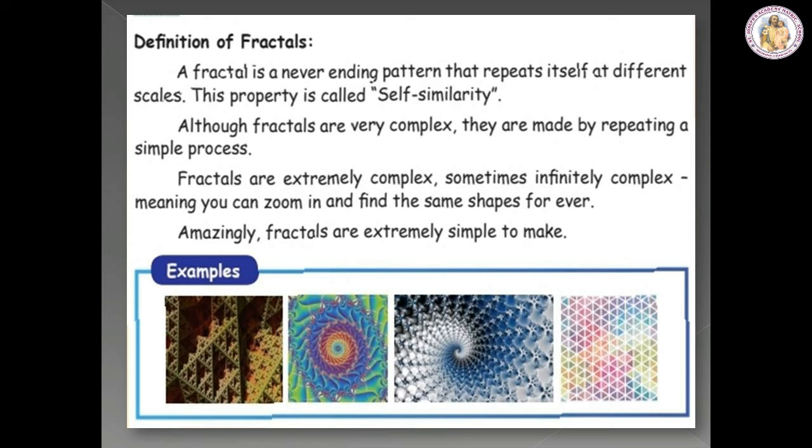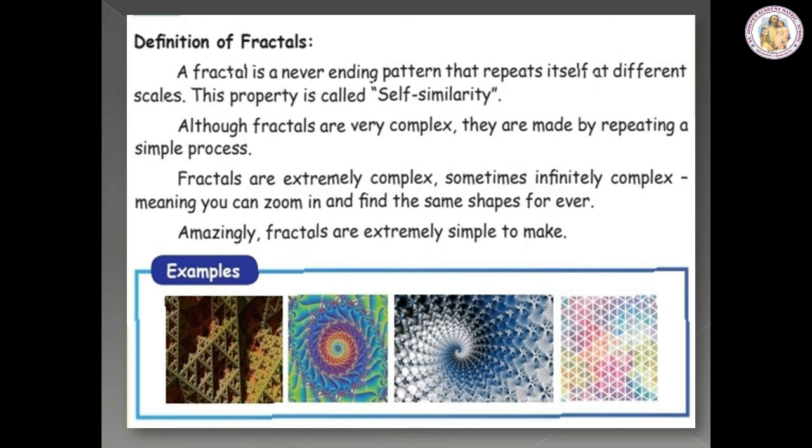Although fractals are very complex, they are made by repeating a simple process. Fractals are extremely complex, sometimes infinitely complex, meaning you can zoom in and find the shapes forever. If you zoom in, you will get the same shapes.